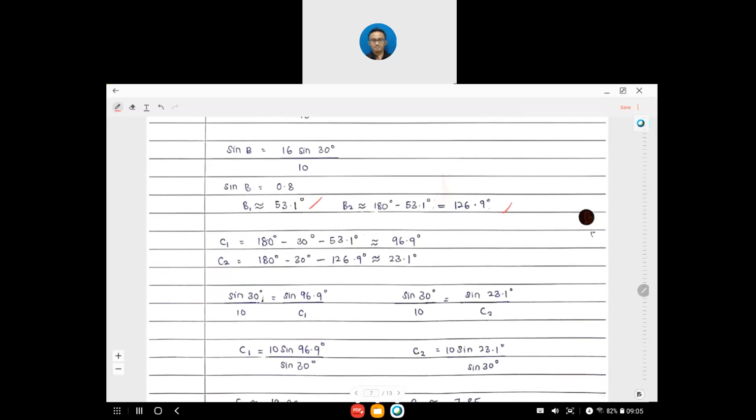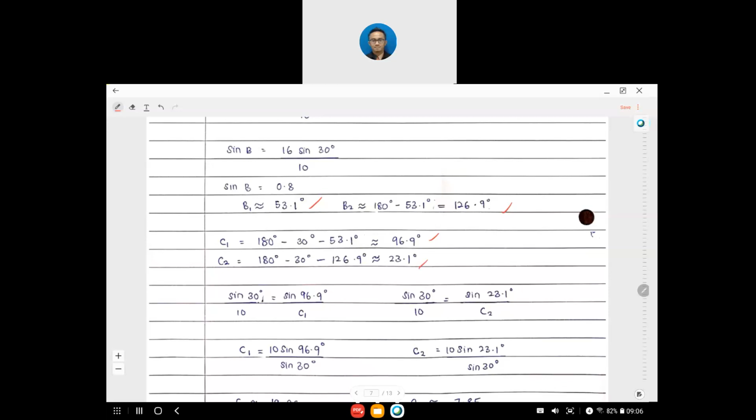Sebab kita dah ada A equal to 30 degree, so you just use C equal to 180 minus A minus B1. So you can get C1, which is 96.9, and then C2 equal to 180 minus 30 minus 126.9. So you can get 23.1 degree.